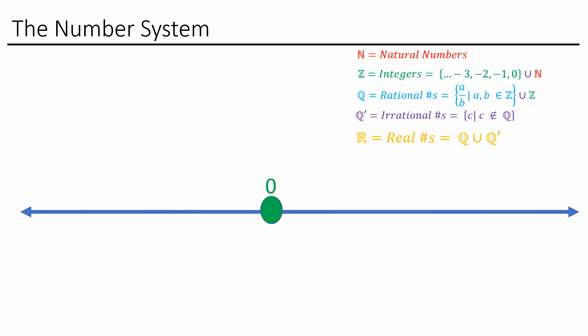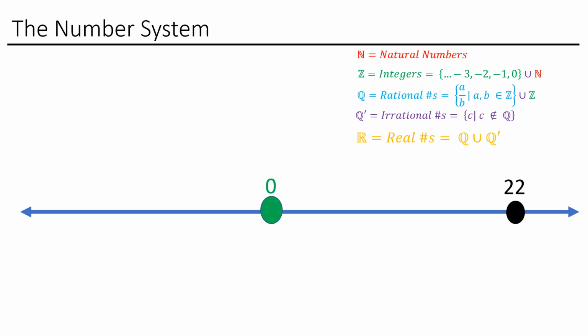Now we're going to take a look at a couple of examples on this number line. What I want to do is first look at the number 22. You're going to have a couple of examples on your homework where you're asked to take a number and name all of the different number systems that that number belongs to.